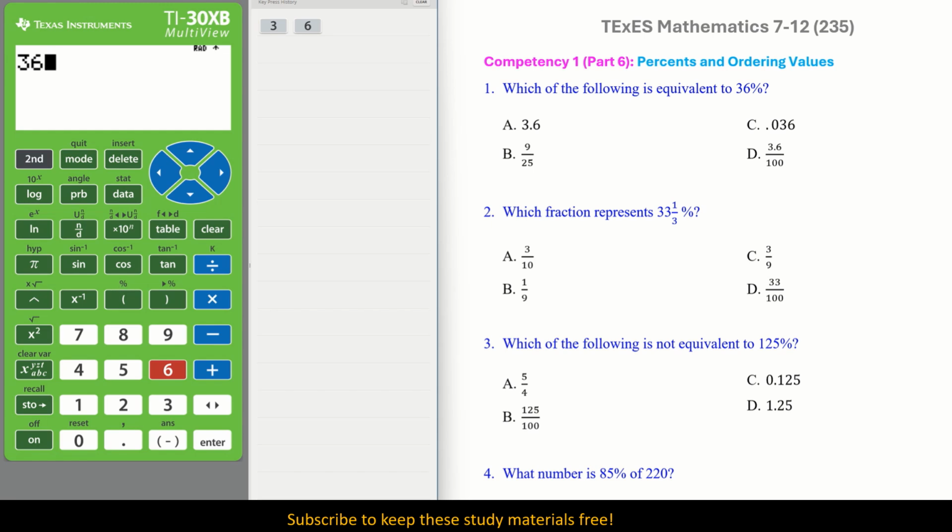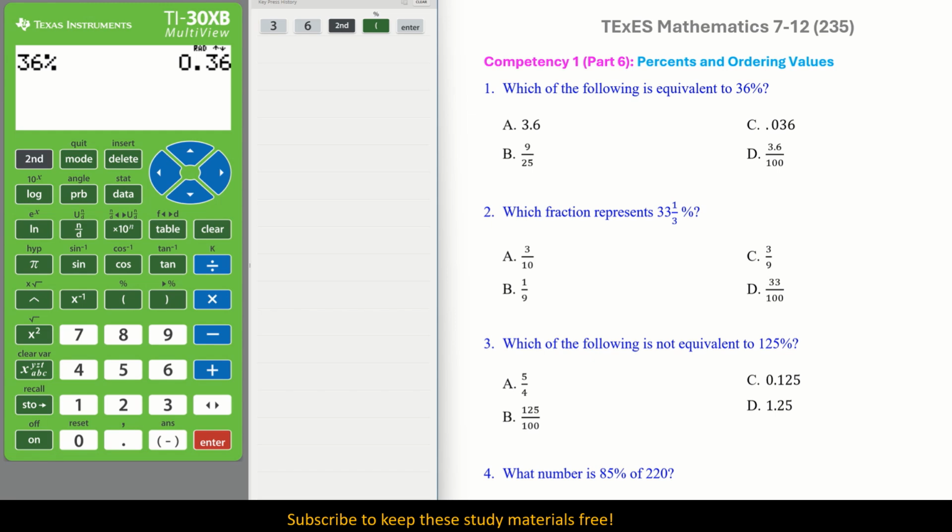Above that, it has a percent symbol. Well, we use that symbol, like we're going to do right now, to say, hey, this 36, we want it to be a percent. So push second and the open parentheses. So now we have 36%. It's typed in, but it's not entered yet. So push enter. Now it's in our calculator.